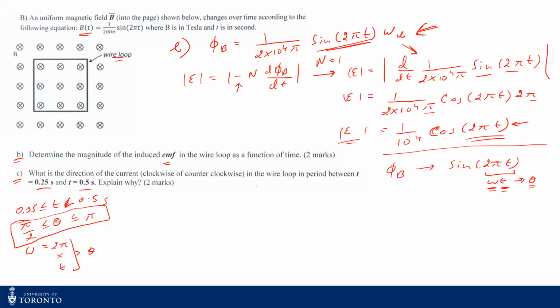Now remember, the direction of the magnetic field or the flux is into the page, and it's varying sinusoidally, as we have seen here.